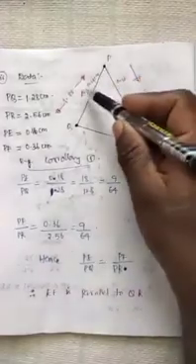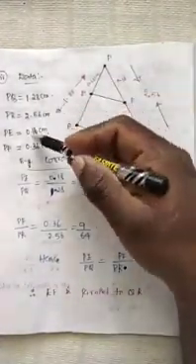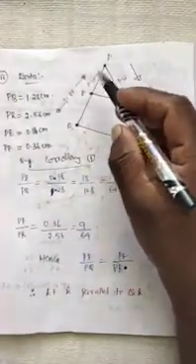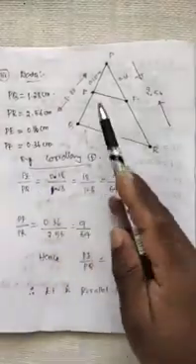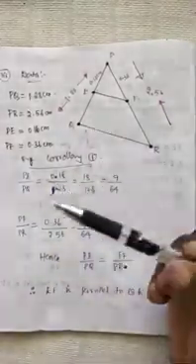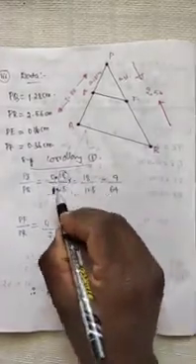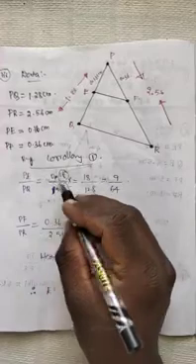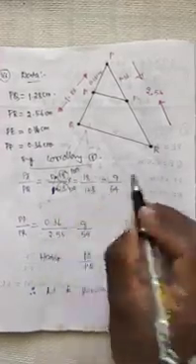By corollary 1 we get PE by PQ. According to the given data, PE by PQ is equal to 0.18 divided by 1.28. Since we have two decimal places, we multiply 100 on both numerator and denominator.